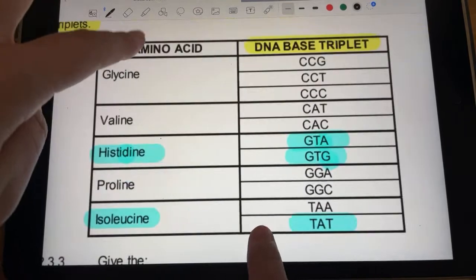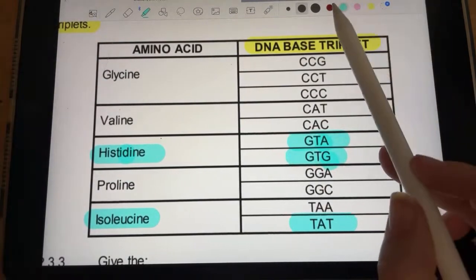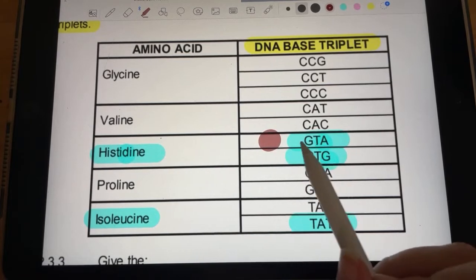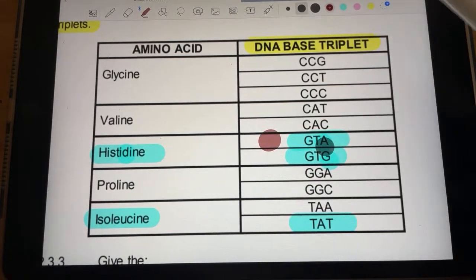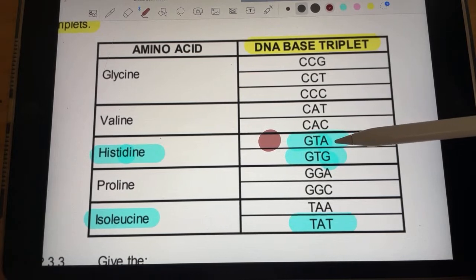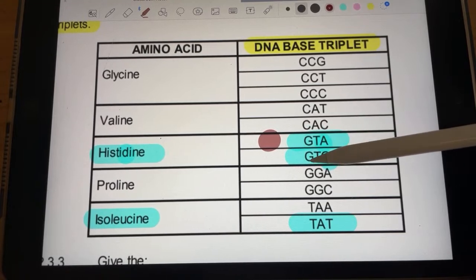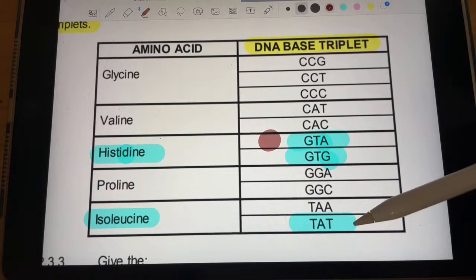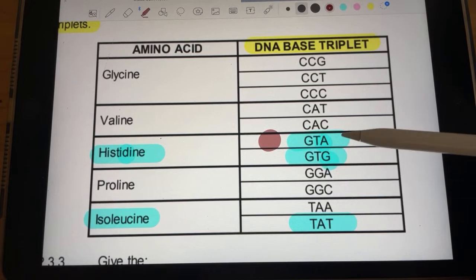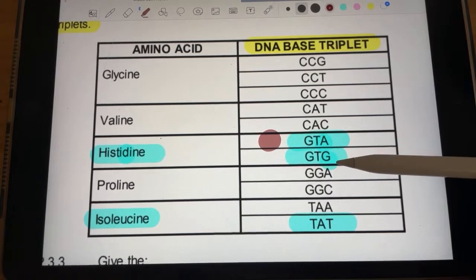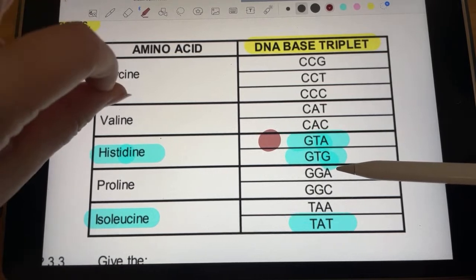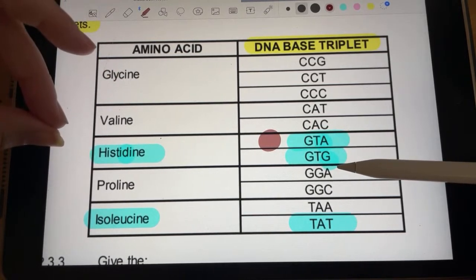I'll say it again. If in an exam, they say the original code is GTA. They then say a mutation occurred. The code is now GTG. That's the new code. This is the question, what is the effect on protein synthesis? Well, the effect is, yes, the base triplet has changed, which means the mRNA will be different, the tRNA will be different.